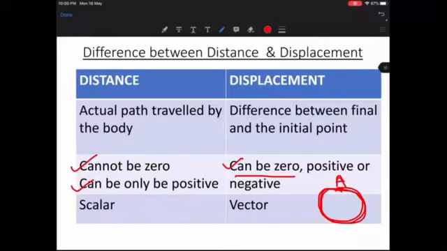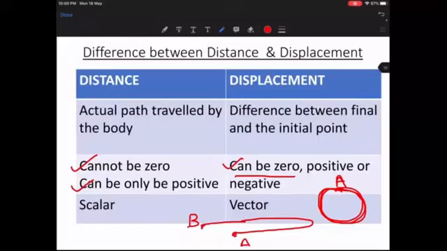It is going to be 0 because he has not changed his position. So that's why displacement can be 0. Displacement can be positive. It can be negative also. Suppose a person goes like this and then turns back in the opposite direction, A was the starting point, so he crosses the starting point and comes here at B. So it is going to be negative also.